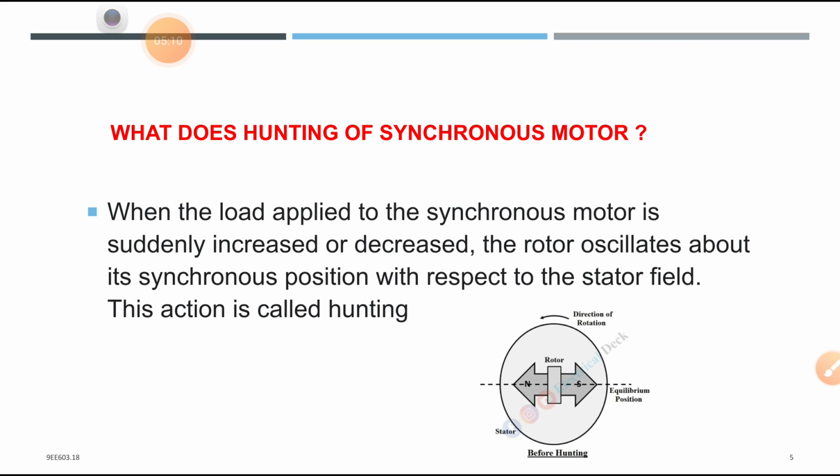Now, if suddenly the load is decreased, then what will happen? Once again, it has to reduce its current to reduce its torque to maintain the rotor and avoid overshooting the stator poles. During this period, what will happen? With sudden changing of mechanical load on the rotor, the rotor will oscillate about its stator magnetic axis, overshooting and undershooting.